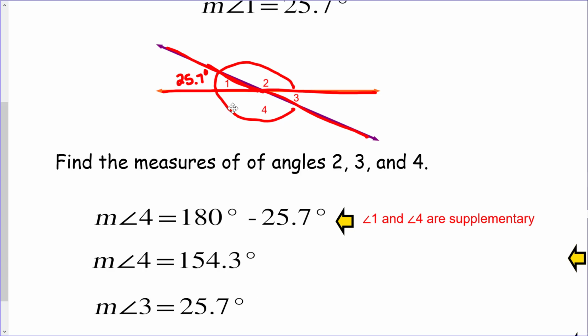So in order to figure out what angle 4 is, I just know it's the remaining part of 180, right? So I'm going to take 180 and subtract angle 1 measurement. So angle 1 is 25.7. I'm going to subtract that from 180 and I get 154.3. So the measure of angle 4 is 154.3 degrees. This one right here.